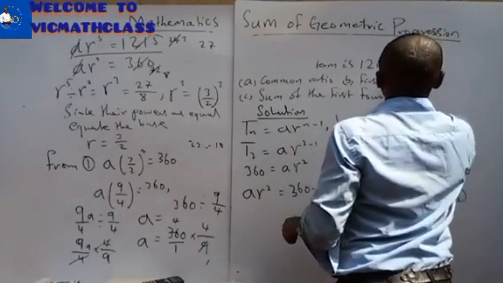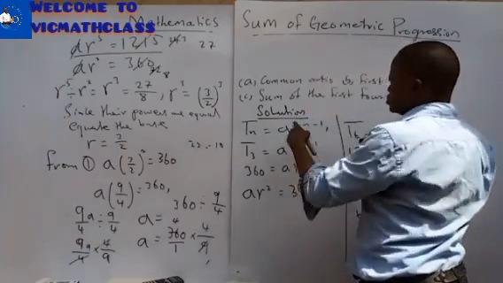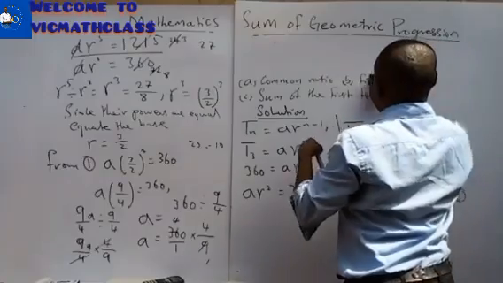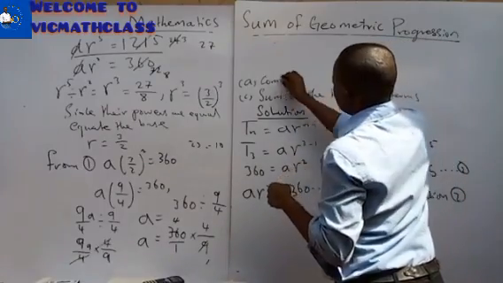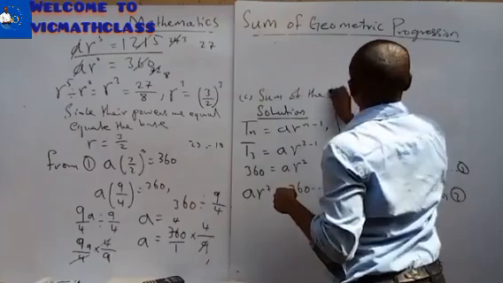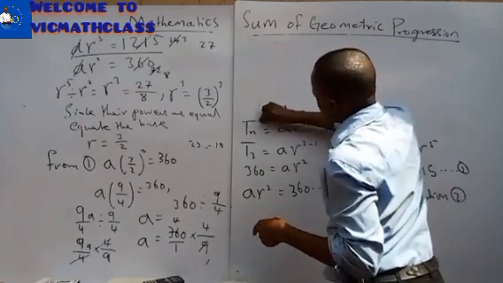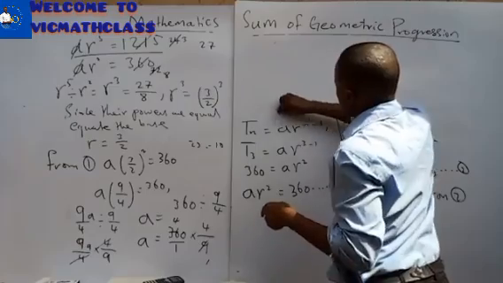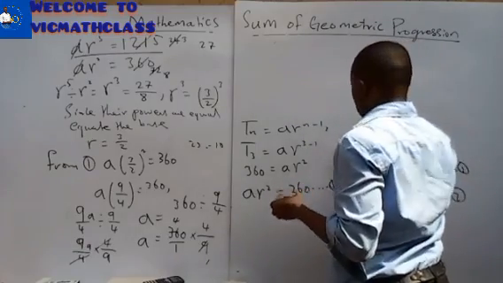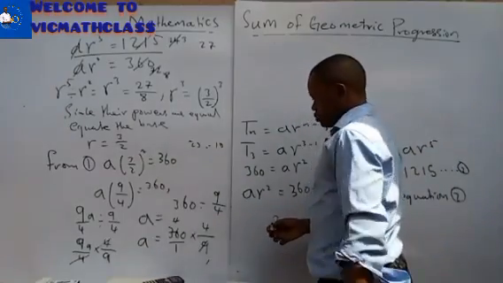As soon as we get the first term now, we can do question C that says: find the sum of the first four terms. That's the last question we are looking at here. That's the C question.